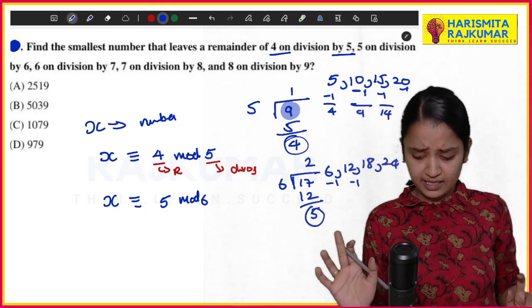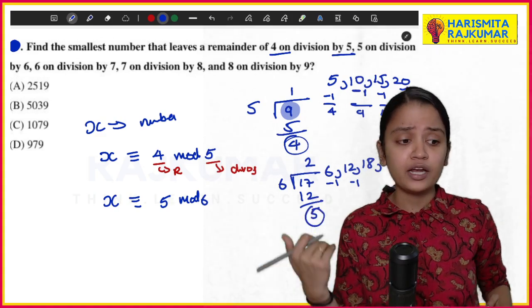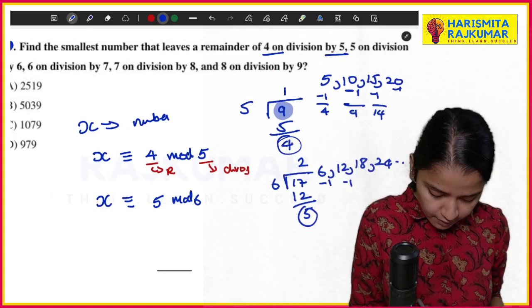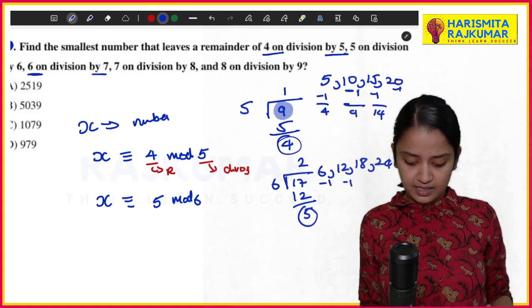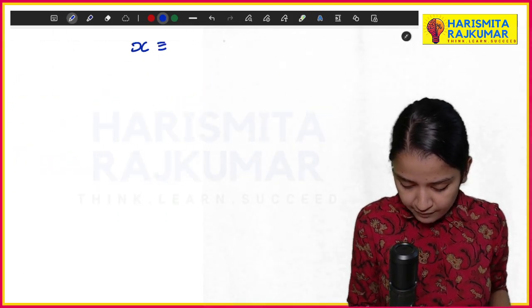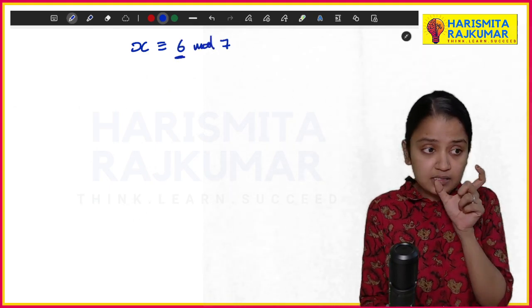So x is the same number, the smallest number such that if you divide by 5, the remainder is 4. That is what you're finding. Same way, if you divide the same number by 7, your remainder is 6. This part is your divisor and this part is your remainder.